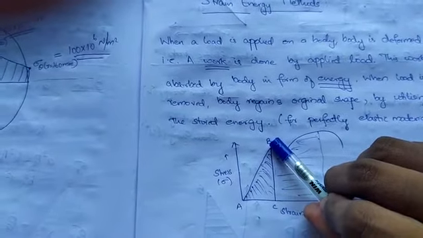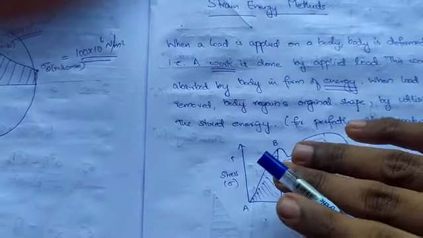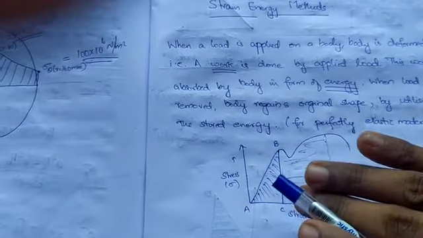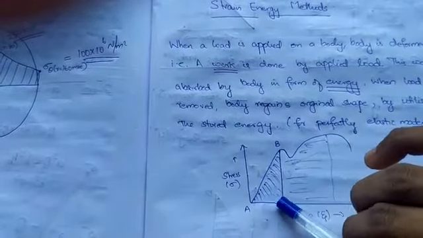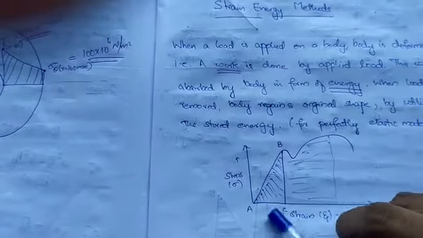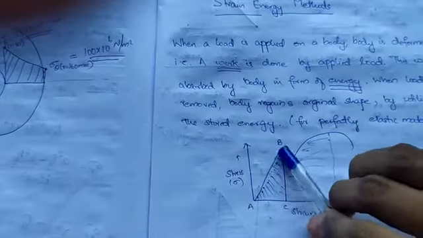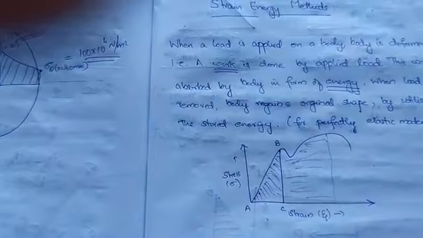So strain energy is simply the energy stored under the stress strain line. That means the area of this triangle.